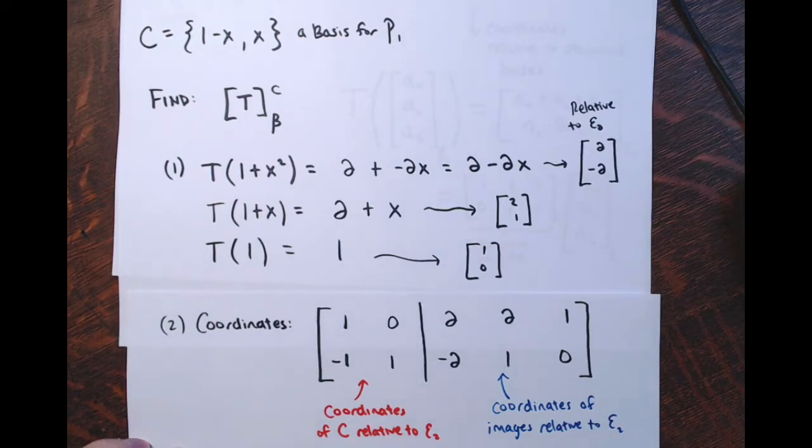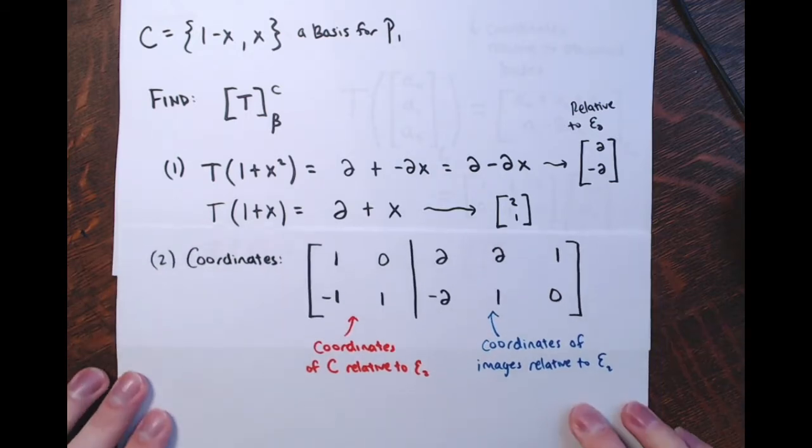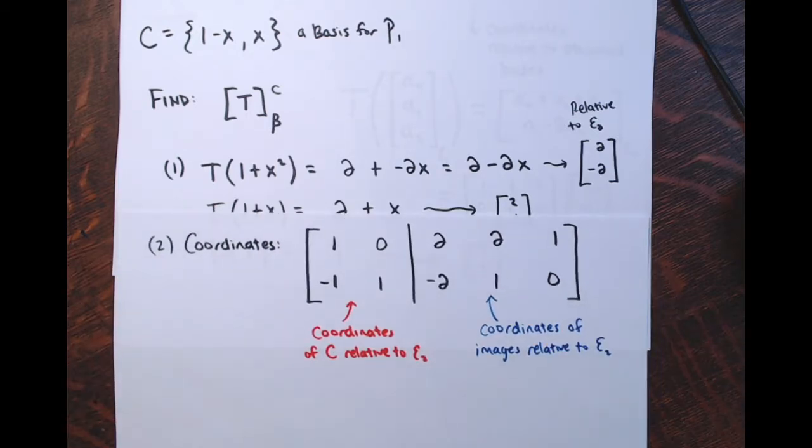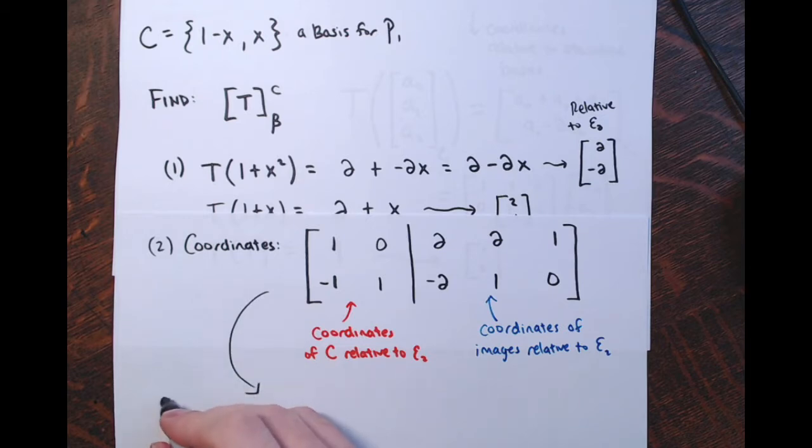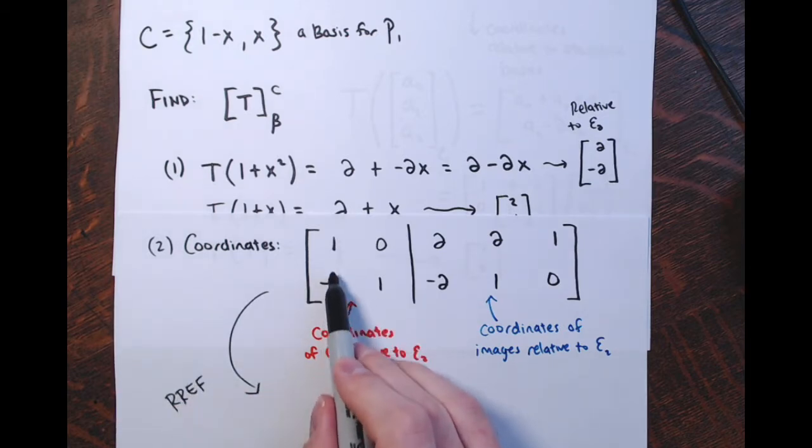And then I put this into reduced echelon form, which would be very, very simple. I don't have to go to a calculator for this. All I would need to do is add row 1 to row 2.